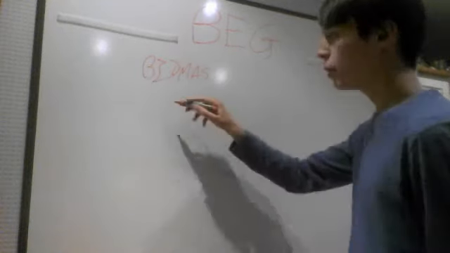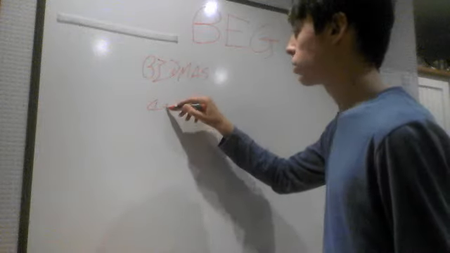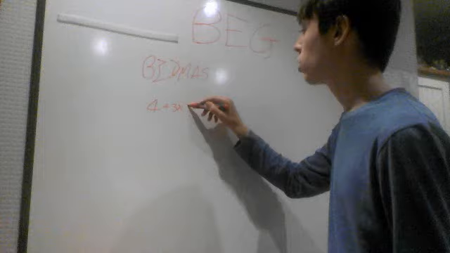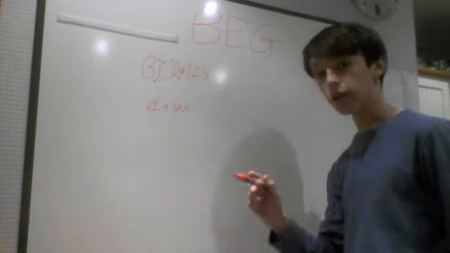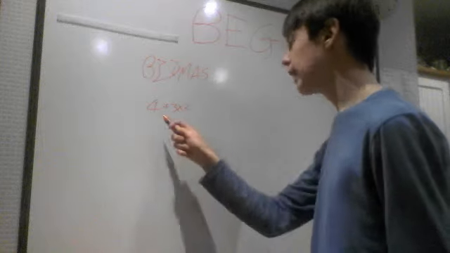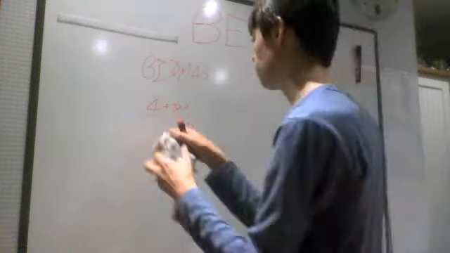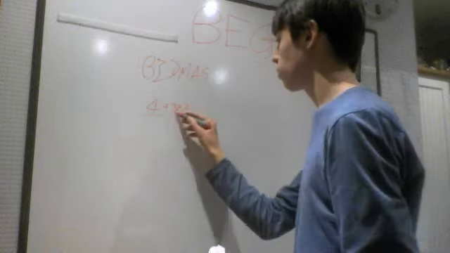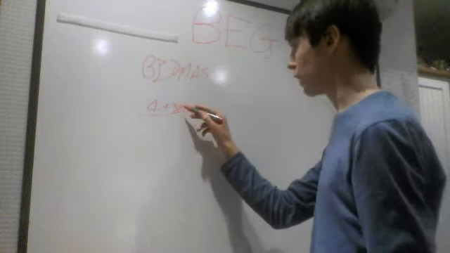So, say we had something like 4 plus 3 times 2. Pretty simple, right? However, a lot of people get this confused because they do 4 plus 3 first. And that's wrong. First of all, you do 3 times 2, and that's because it's a multiplication.